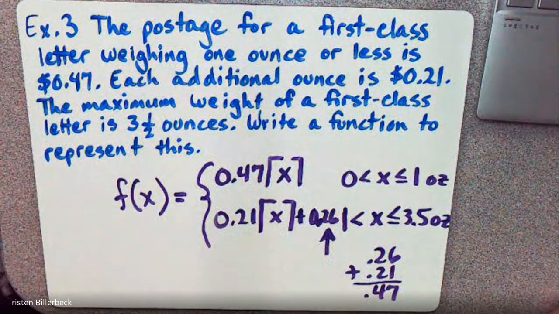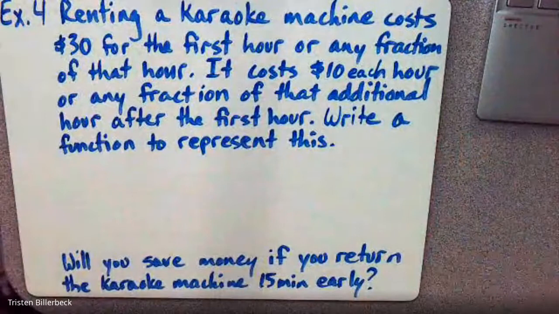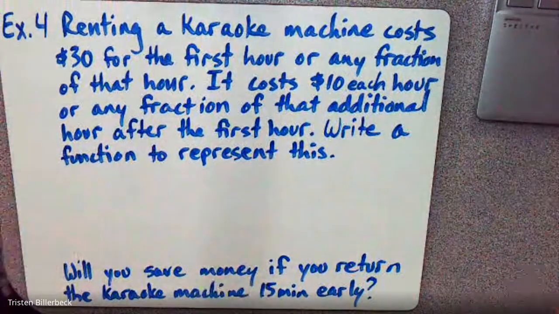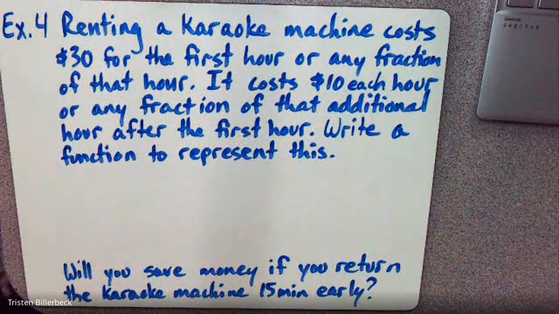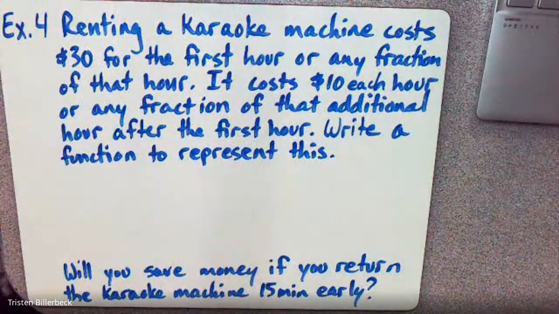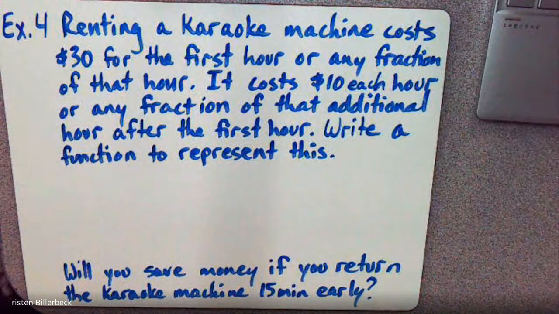Okay? All right, let's try another one. So we have renting a karaoke machine costs $30 for the first hour, or any fraction of that hour. It costs $10 each hour, or any fraction of that additional hour after the first hour. Write the function to represent this.